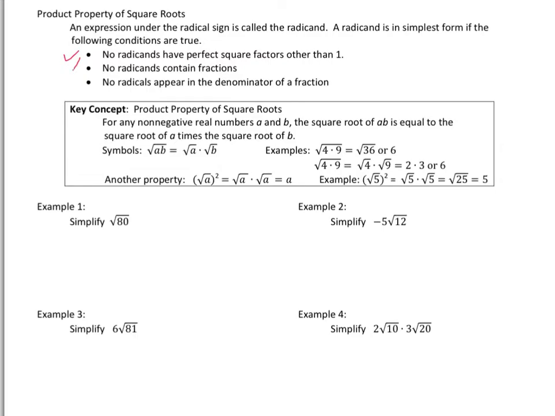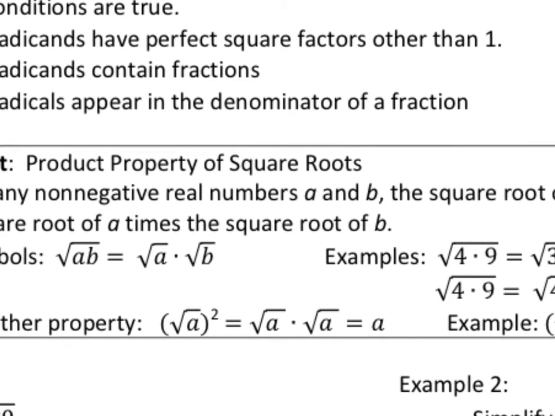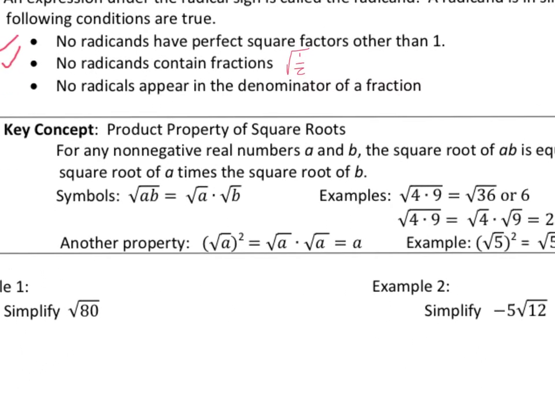We cannot have fractions inside a root. For example, the square root of a fraction is not allowed, and that's because of our next one. No radicals appear in the denominator of a fraction. So for example, 1 over root 2.